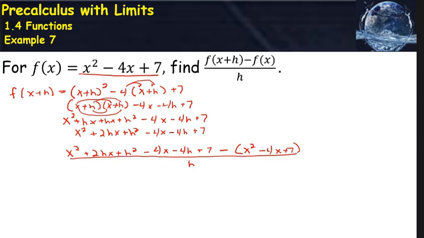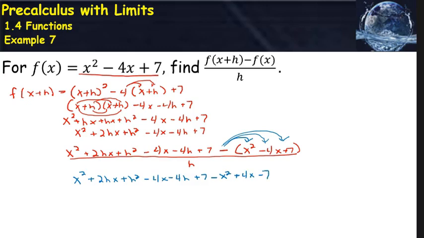So now I have to distribute this negative through. So I'm going to rewrite what's over here: x squared plus 2hx plus h squared minus 4x minus 4h plus 7 minus x squared plus 4x minus 7. And all of that goes over h.